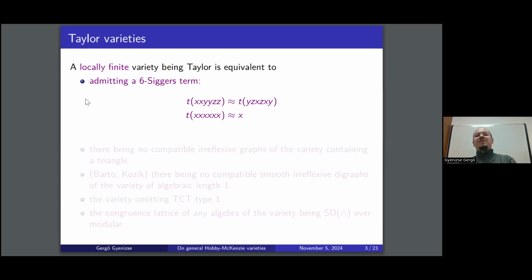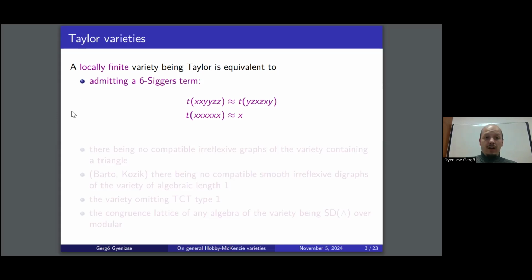When I'm using this violet color, the result is only known for the locally finite case. When I use the orange color, the result holds in all varieties. There are quite a lot of such results, and I will only pick some of them.